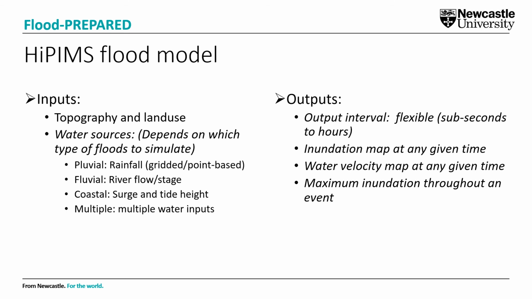And the output of HiPIMS includes inundation depth and water velocity on all the grid cells within the domain and almost at any given time, because the time step is quite small. And we can also produce maximum inundation maps throughout an event.